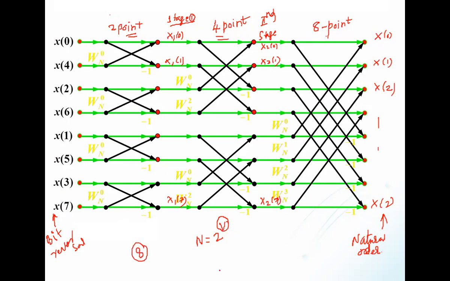So here v equals log to the base 2 of n, which equals log of 2 to the power 3 to the base 2, and the answer is 3. It means for 8-point we require a 3-stage computation: 1, 2 and 3. Getting my point? This v stands for the number of stages required in the computation.